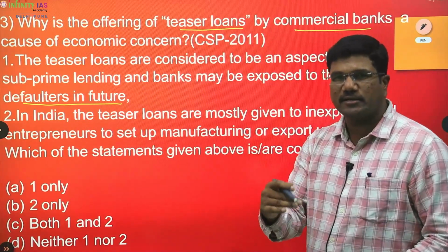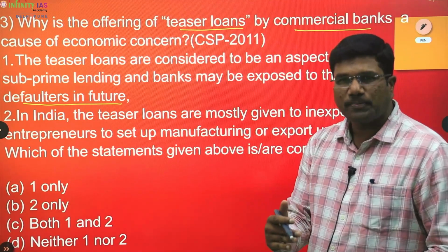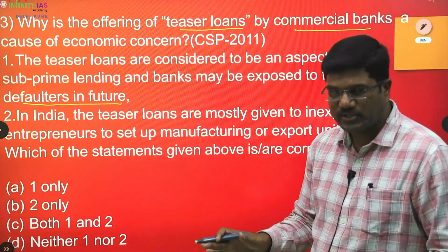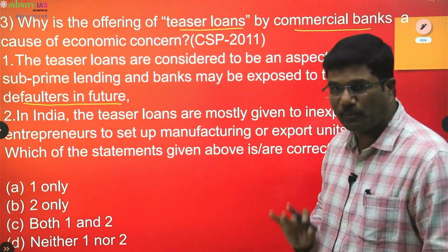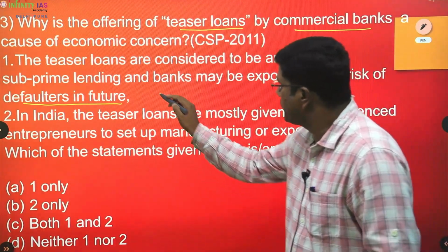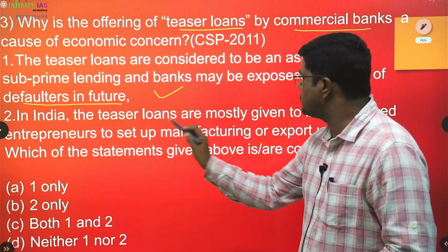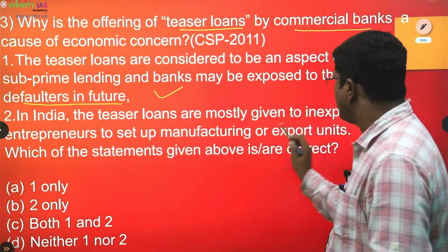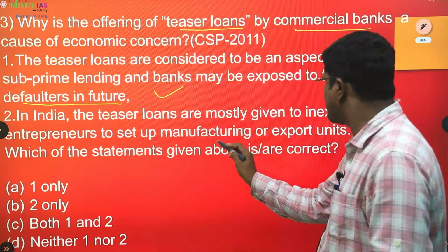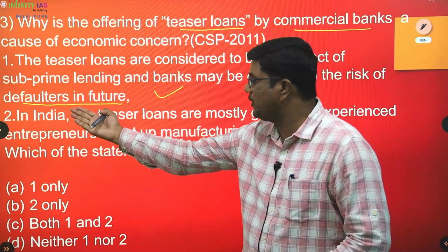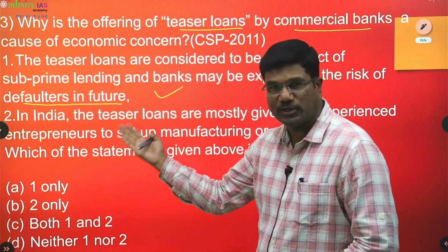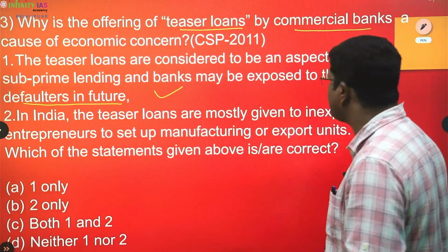Teaser loans are loans given initially at a very low interest rate, and then interest rates are increased. This is the concept of teaser loans. So the first statement is correct. In India, the teaser loans are mostly given to inexperienced entrepreneurs to set up manufacturing or export units. That is why there is a possibility of defaulters in the near future. And so the second statement is also correct.